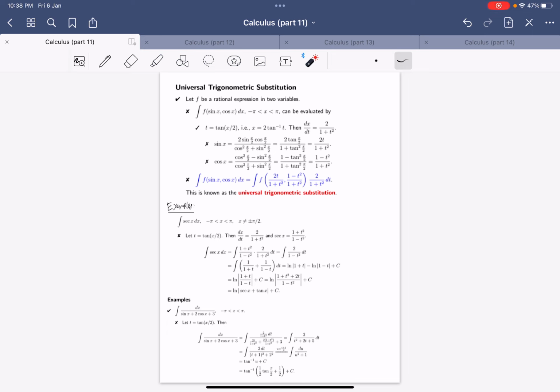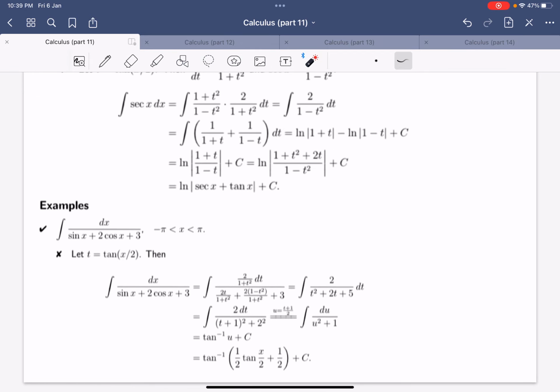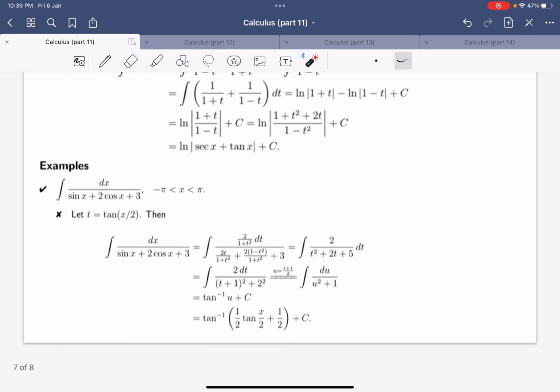So you can see, you just need to apply this substitution, and it usually works to make it easier for you to integrate. If it doesn't, then you just need to try other techniques. So for example, you just substitute t equals tangent x over 2 again. You simplify this into the next expression over here, which can be further simplified into this.